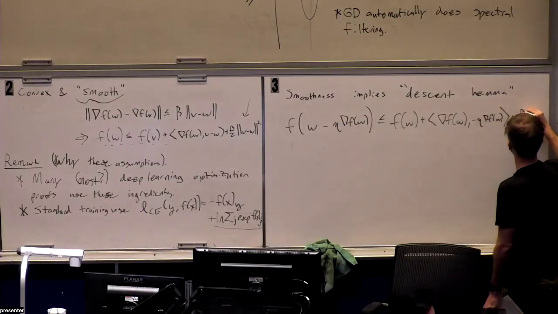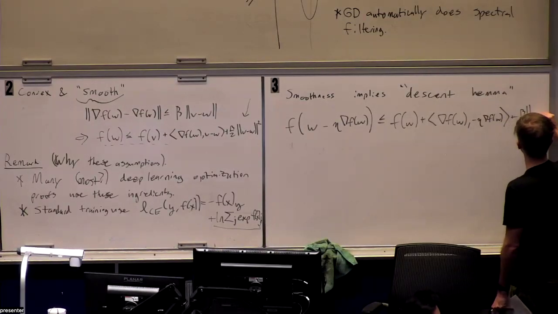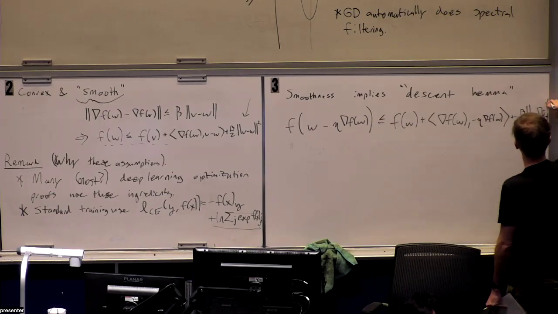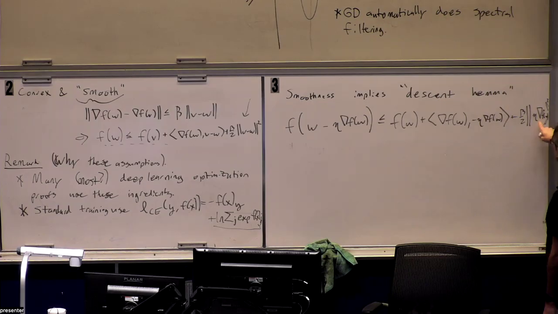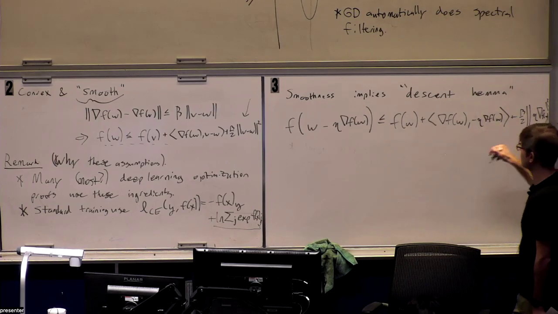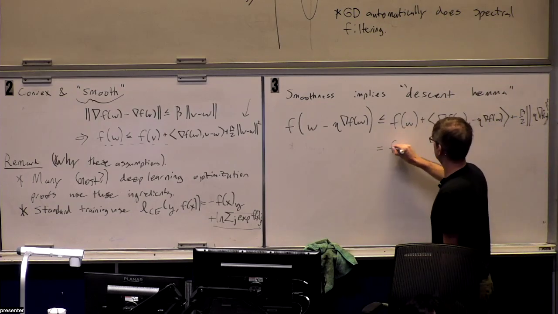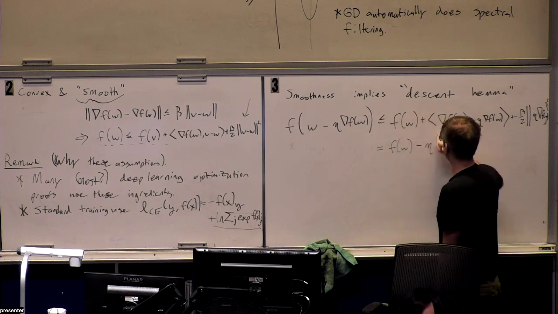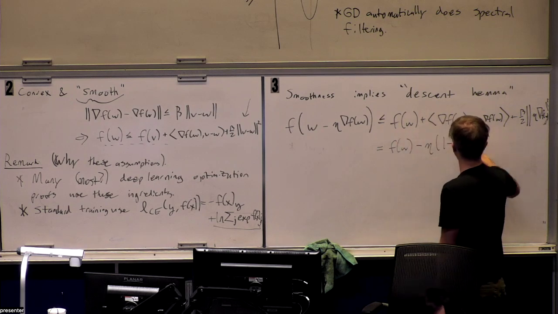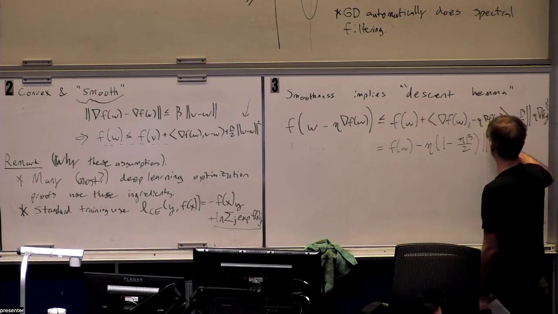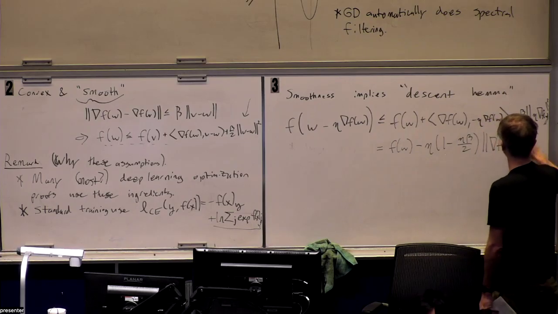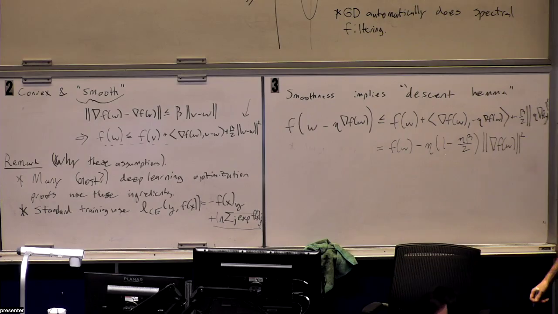Same for the difference term, so I have a norm squared with eta times the gradient inside of it. If I collect terms, I get minus eta times (1 minus eta beta over 2) times this.